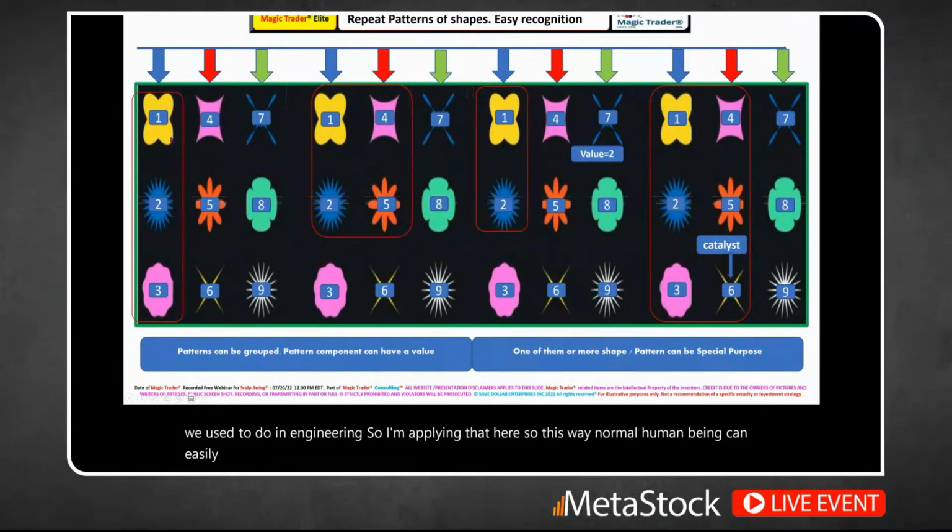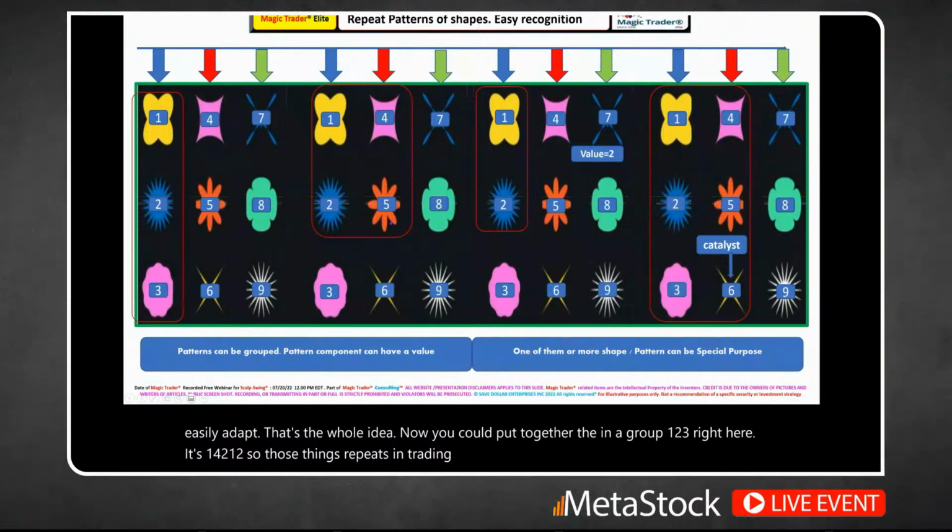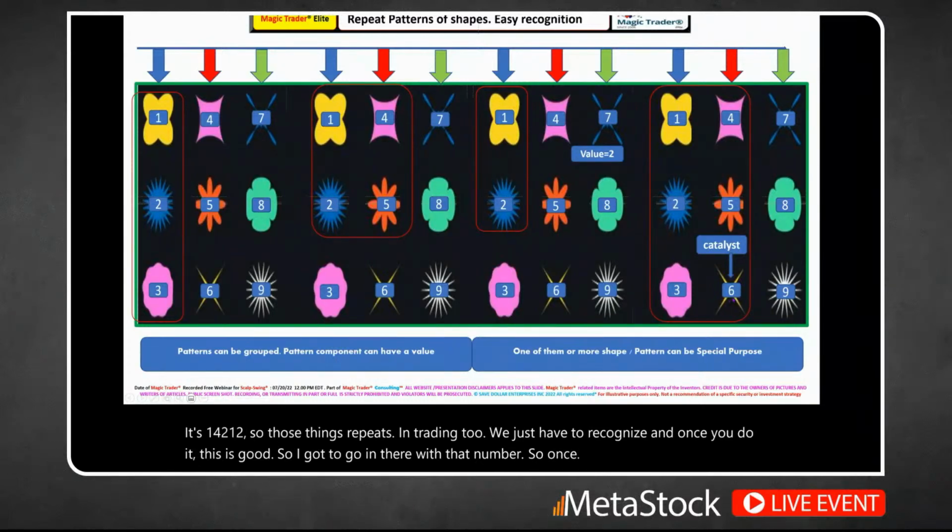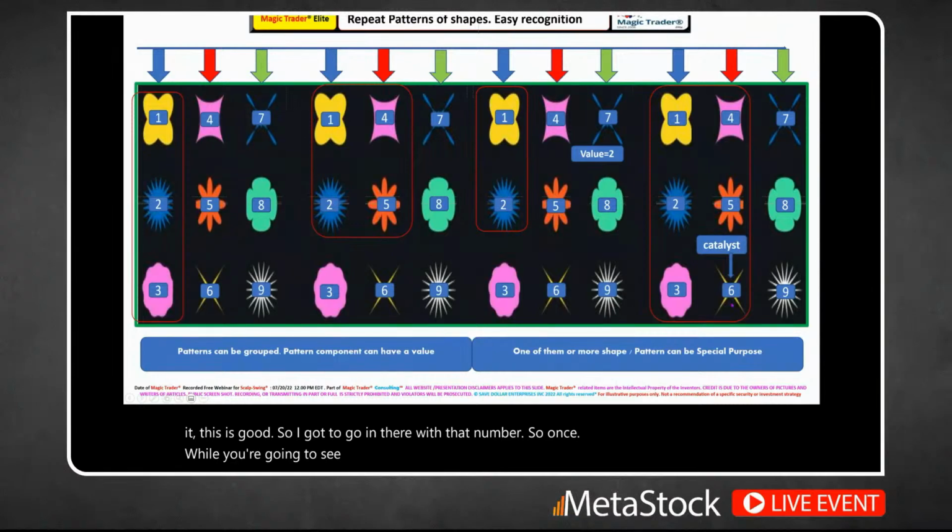That's the whole idea. Now you could put them together in a group, 1, 2, 3, right? Here it's 1, 4, 2, 5. So those things repeat. In trading too, you just have to recognize. And once you do it, oh, this is good, so I've got to go in there with that number. Once in a while, you're going to see this star here, for instance, and that could be a catalyst.